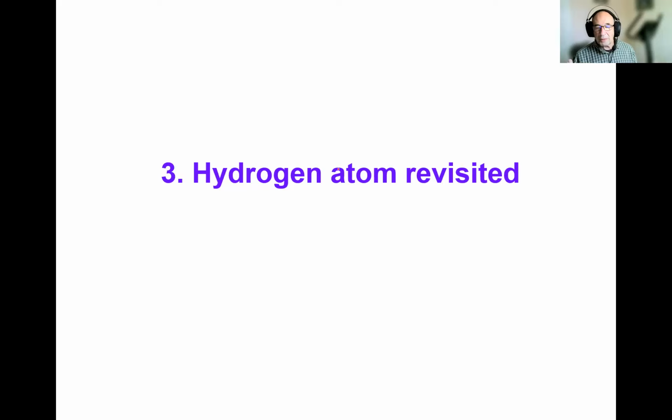Before, we were just talking about some abstract thing: here is some angular motion of some particle, and let's see how it is quantized. Now we have a real particle, the hydrogen atom, which has a nucleus and an electron.